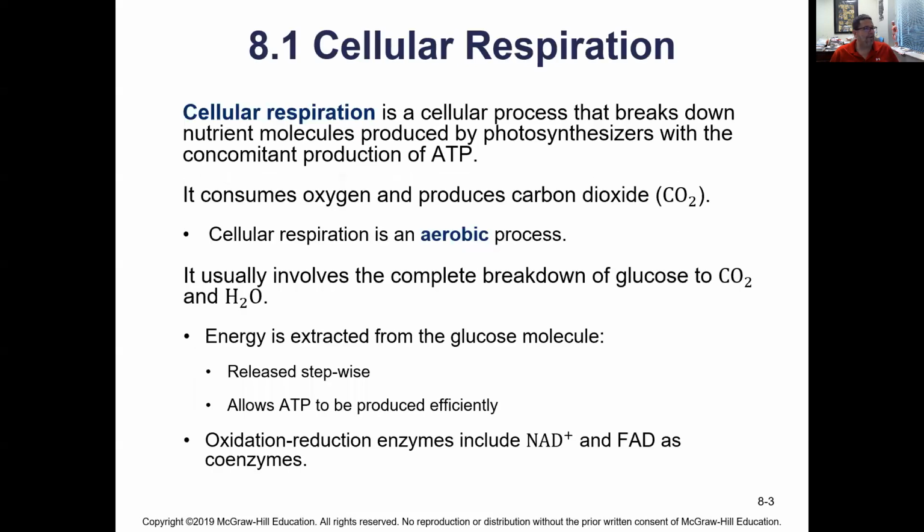All right, so first off, in cell respiration, we're going to break down the sugar molecule, which has potential energy, and we're going to use oxygen to be the final electron acceptor, which is one of my favorite test questions. Oxygen is the final electron acceptor in aerobic cell respiration, and we're going to release the energy in the bonds and use that energy to pump hydrogen across the membrane, through the electron transport chain, and make a pile of ATPs.